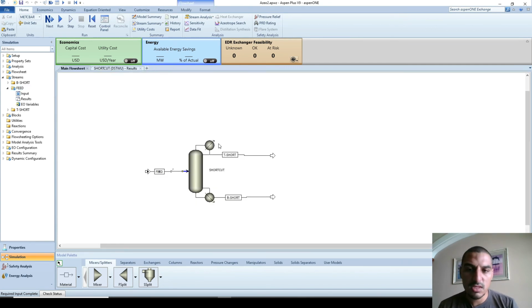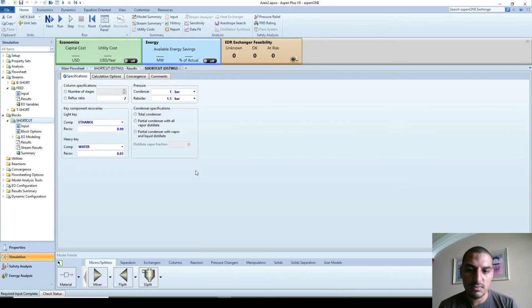And I used a shortcut distillation column with any pressures and any reflux ratio, and I defined it so that I have 99% recovery of ethanol and 1% recovery of water in the top product. And this should correspond to almost 99.9% ethanol purity in the top product.